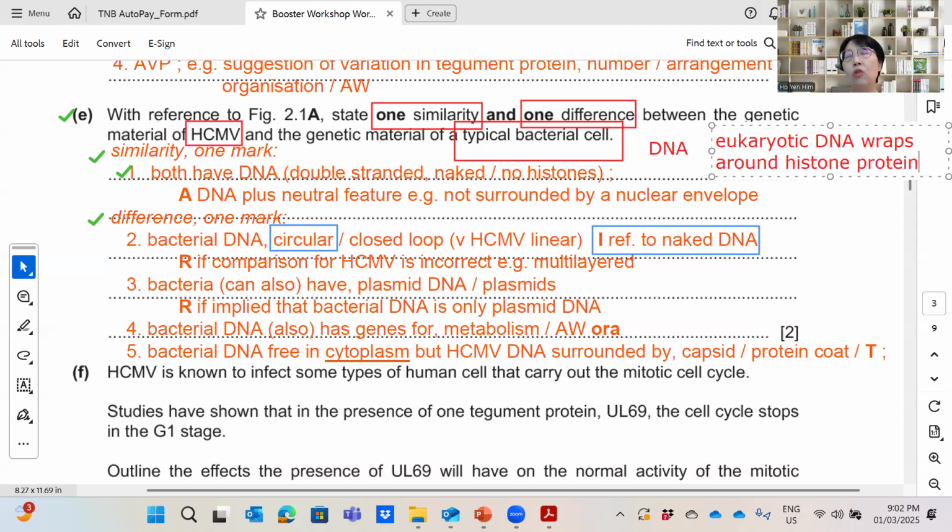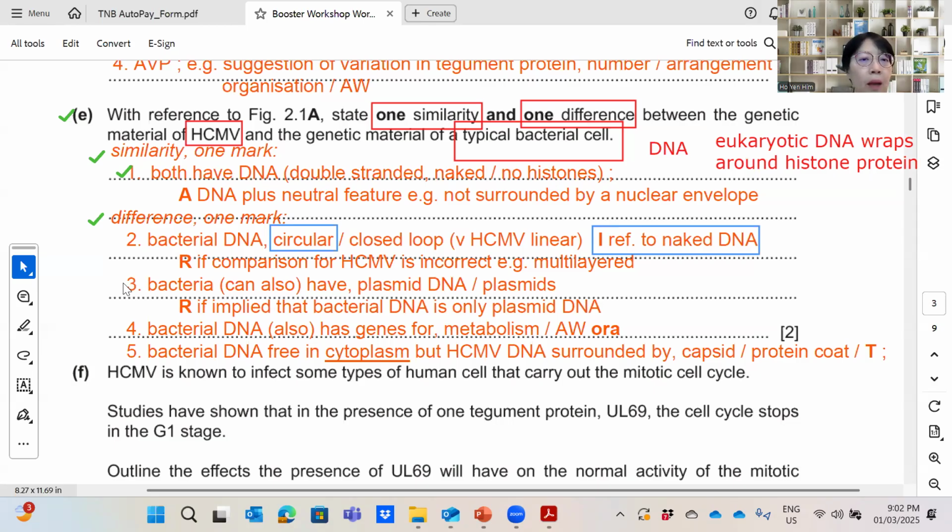So you learned to compare between prokaryotic and eukaryotic DNA, right? Prokaryotic is naked. Now, viral one, you never learned has histone, so it's also naked. So they ignore it if you say, oh, naked, because we're not comparing between eukaryote and prokaryote, we're comparing between prokaryote and virus. Okay.